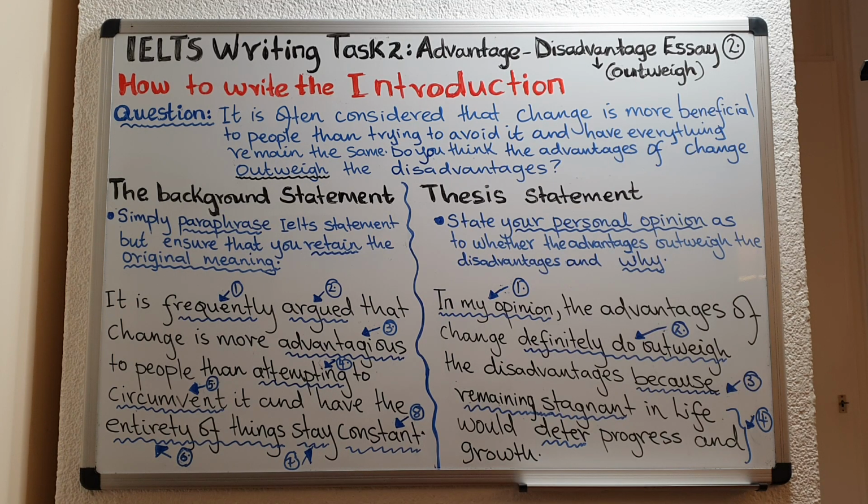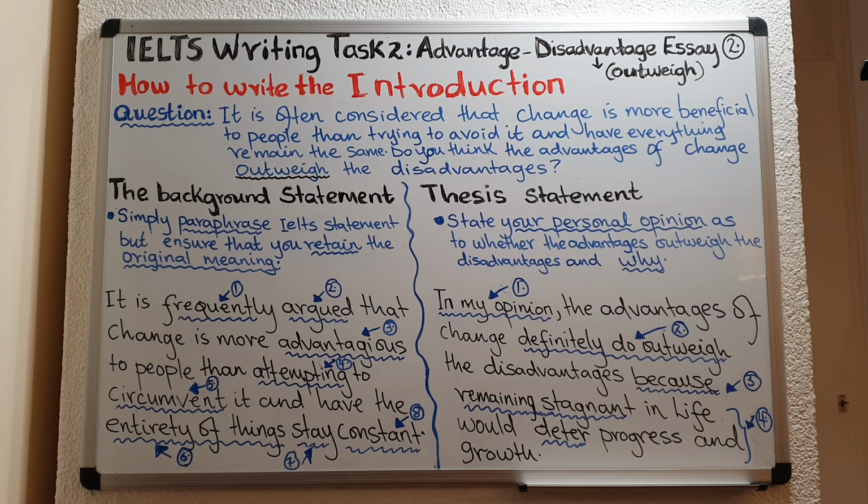And next I changed the word "avoid," replaced it with the word "circumvent." And then I replaced the word "everything" with "entirety of things." And the seventh word that I changed is "stay." I replaced the word "remain." And then finally, I replaced the word "same" with "constant."